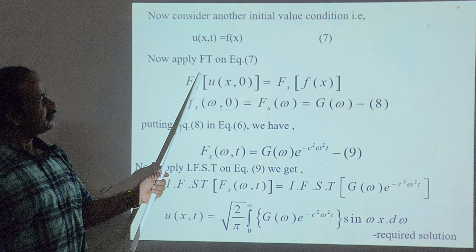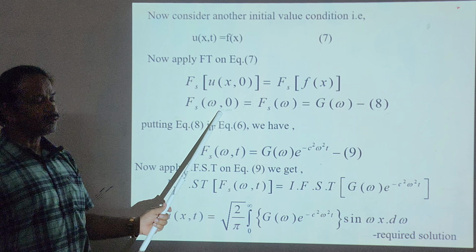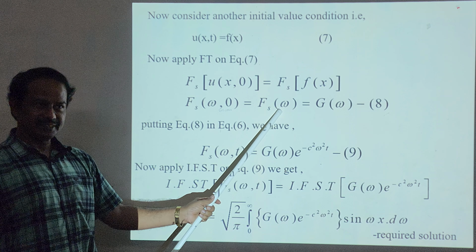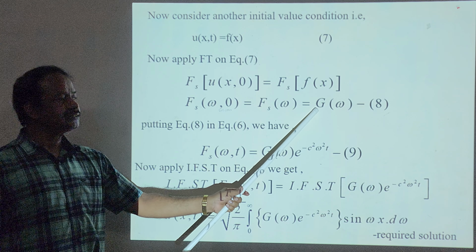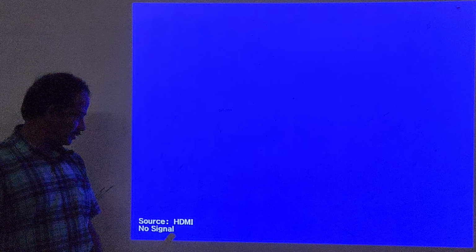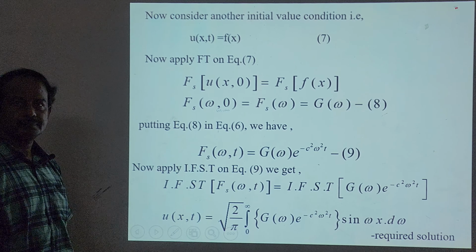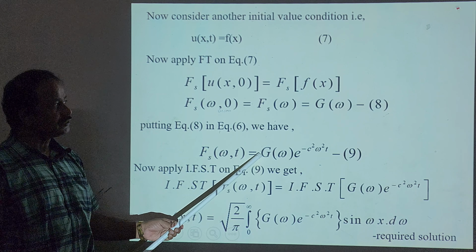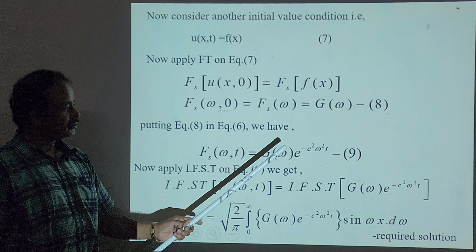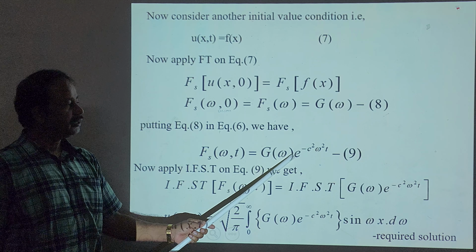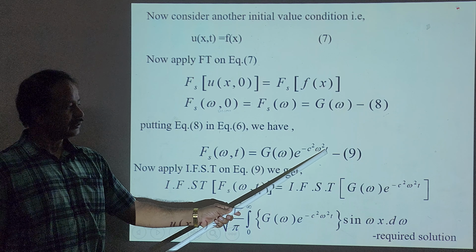Now this can be written as the Fourier sine transform at omega, 0, which is nothing but F_s of omega, and I am going to term it as g(omega). So F_s(omega, t) is equal to g(omega) e power minus c squared omega squared t, substituting g(omega) as in the earlier equation.